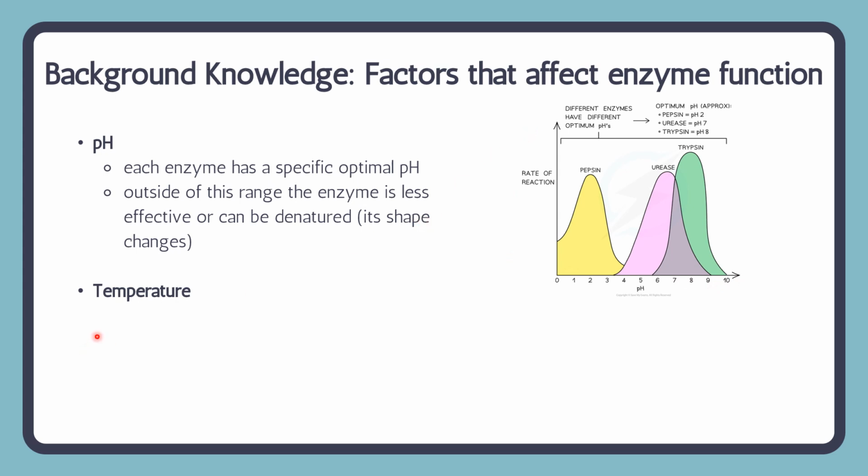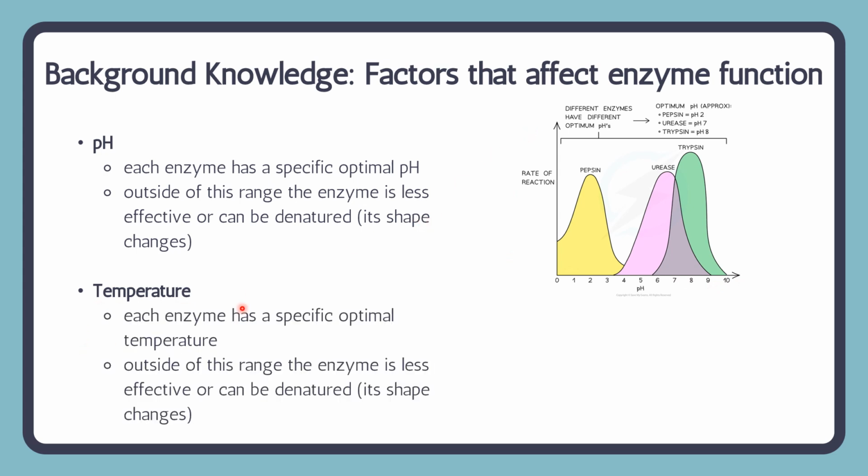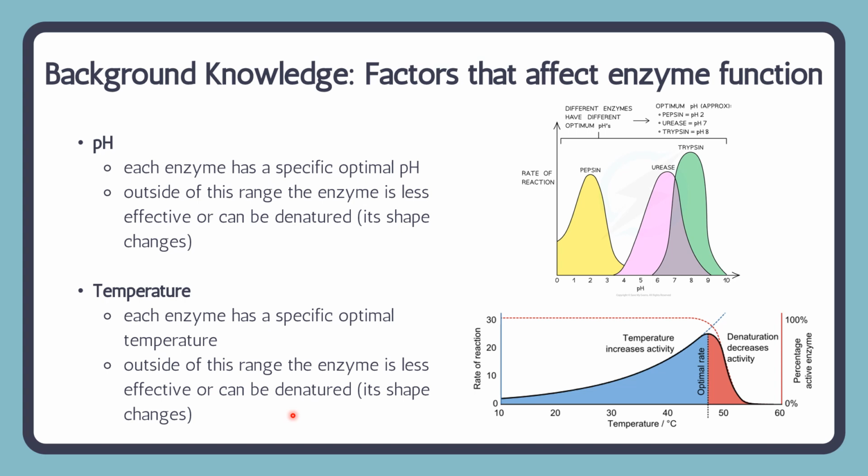So enzymes are also affected by temperature. So again, enzymes have a specific optimal temperature. Outside of this range, they are less effective or can be denatured and don't work. Here's an example. So the optimal temperature for this enzyme is about 47 maybe. After that, it starts to denature, so it doesn't work.